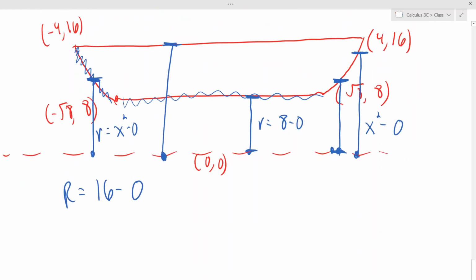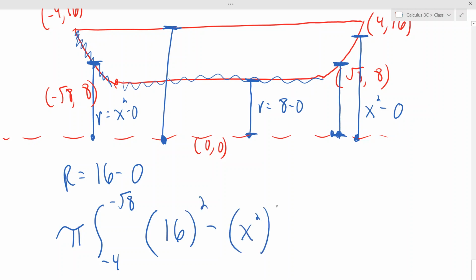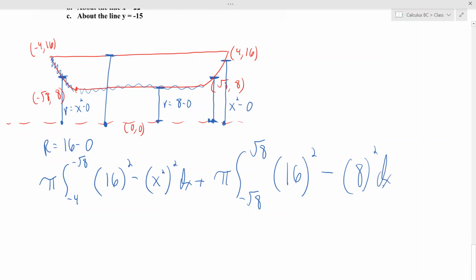So what this looks like is we actually need 3 integrals to do this because the bottom changes 3 times. So this is going to be pi times the integral from -4 to -√8 of big R squared, which is 16 squared, minus little r squared, which is x squared minus 0 squared, plus the middle part, which is pi times the integral from -√8 to √8 of 16 squared minus little r squared, which is 8 in that interval, dx.